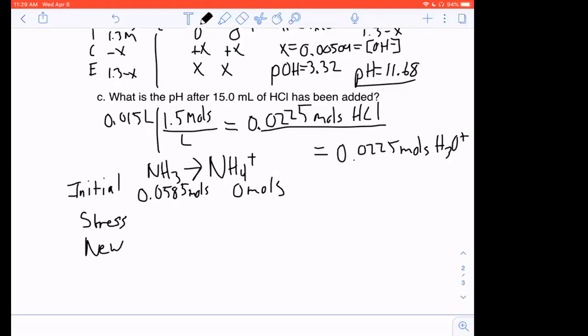For every mole of the strong acid, it's just going to add on to this and convert it into NH4 plus. So since there's this many moles of H3O plus, the stress is going to subtract 0.0225 moles from this and add 0.0225 moles to this.